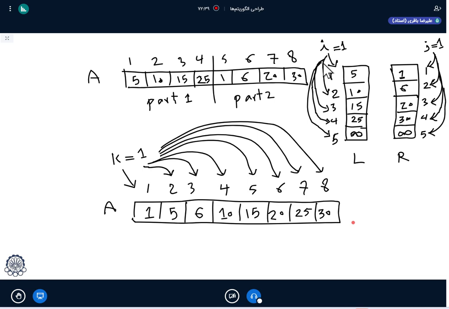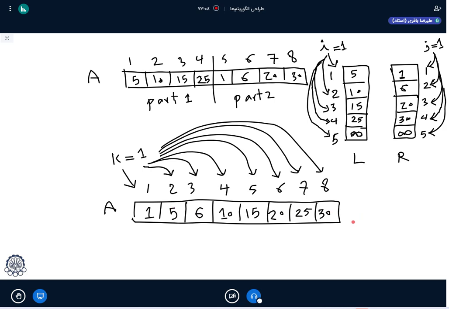And in this manner, two parts are merged, two parts are combined. By this method, we combine part 1, which is sorted, and part 2, which is sorted, and we get an array that is sorted in total.